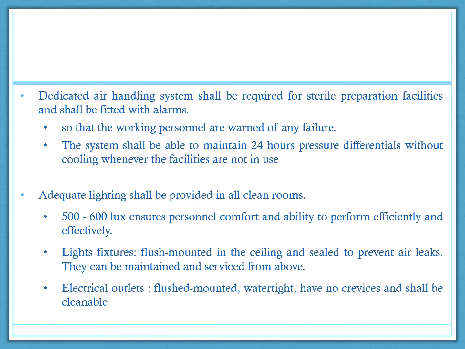And the system shall be able to maintain 24 hours pressure differentials without cooling whenever the facilities are not in use. And obviously, adequate lighting of 500 to 600 lux shall be provided to ensure personnel comfort and ability to perform efficiently and effectively. And there are others that you might need to acquire.